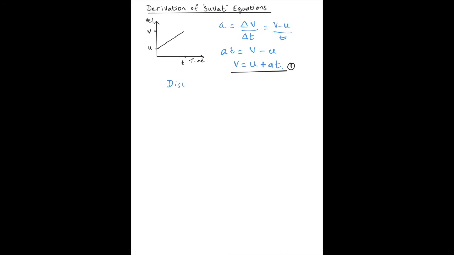If we now consider the distance travelled, the distance, which is denoted by s, is given by average velocity multiplied by time.